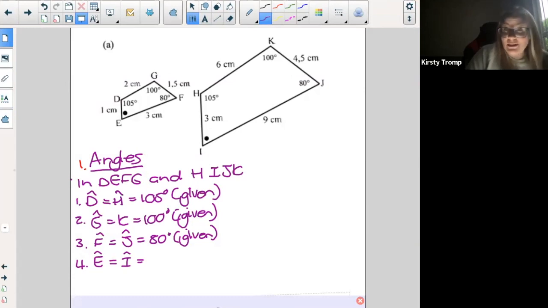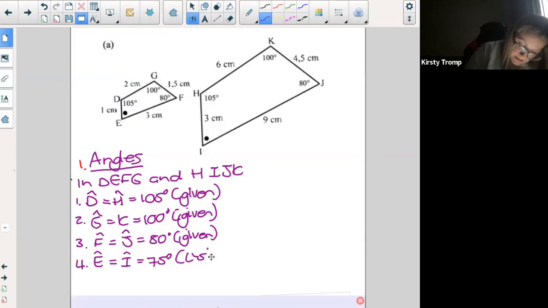Normally for similarity, it's only 3 reasons, but now we have a quadrilateral. Remember what I said earlier: for a triangle, 3 sides, 3 angles, 3 reasons. Now it's a quadrilateral, 4 sides, 4 angles. How many reasons? 4. So these need to add up to 75 degrees.